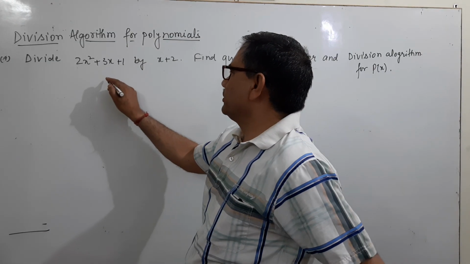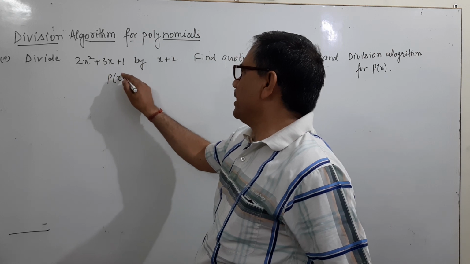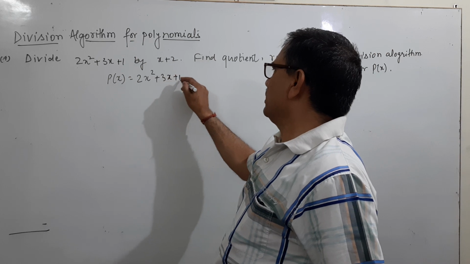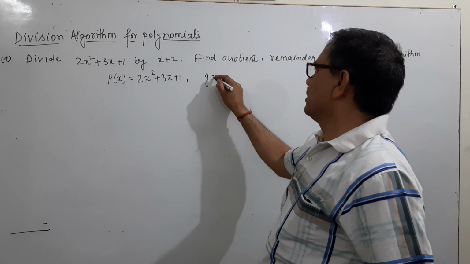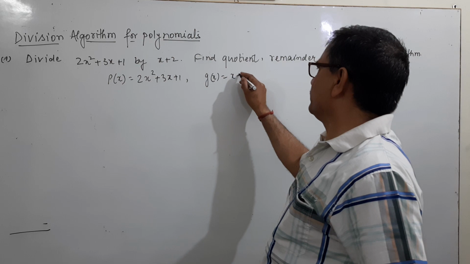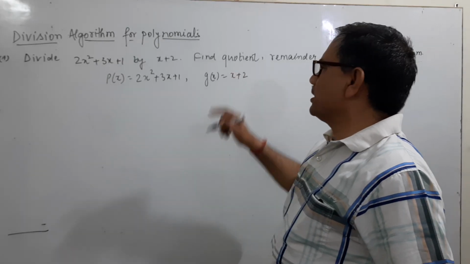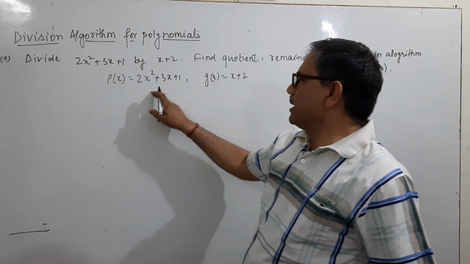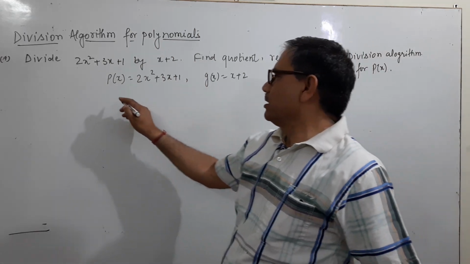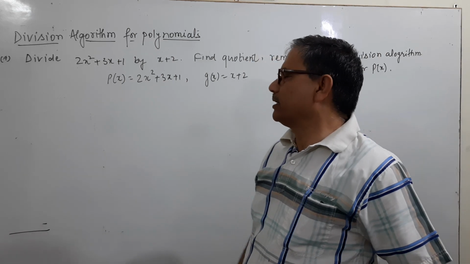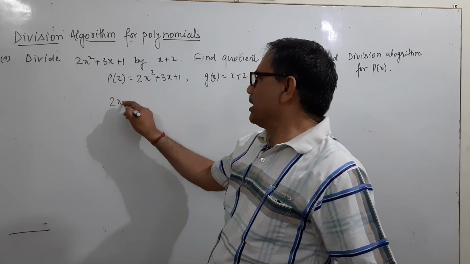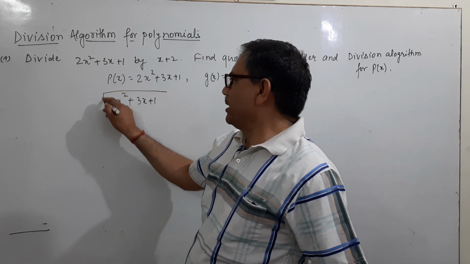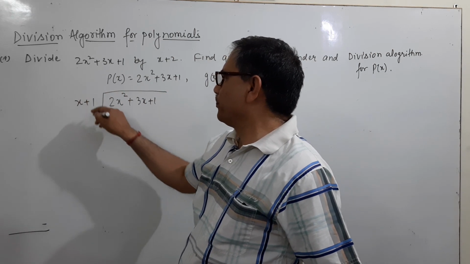Let me assume px is equal to 2x square plus 3x plus 1, and gx is equal to x plus 2. The degree of gx is 1 and the degree of px is 2, and px is divided by gx. अब क्या करेंगे? px को डिवाइड करेंगे gx से. 2x स्क्वायर प्लस 3x प्लस 1 डिवाइडेड बाय x प्लस 2.